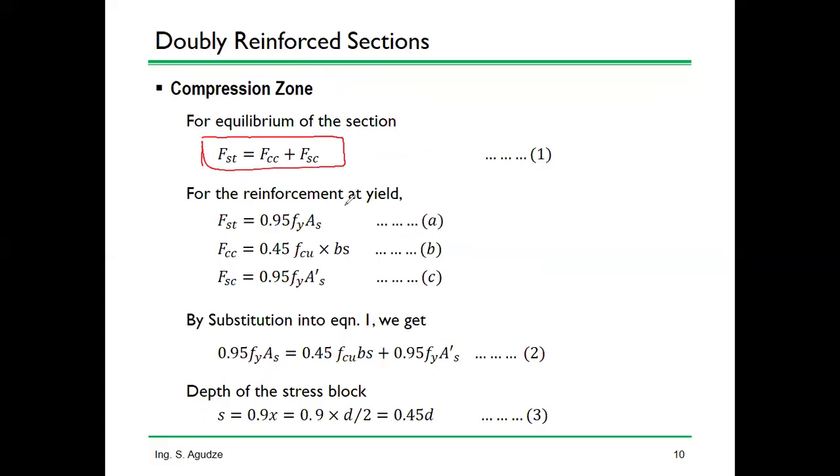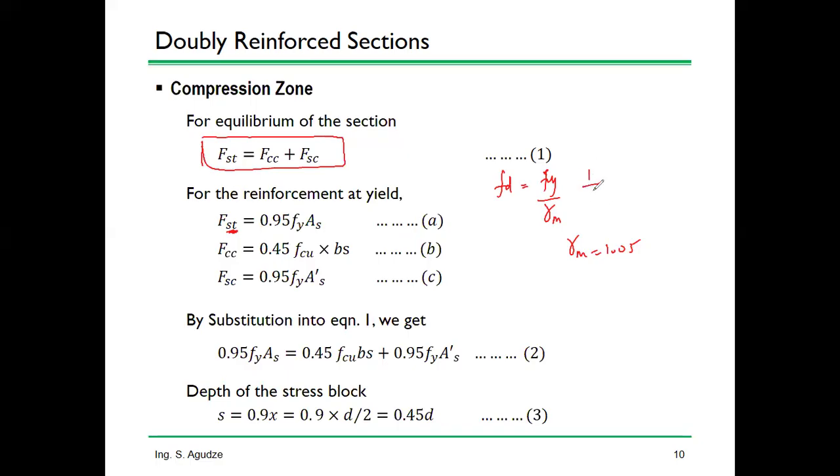Now for reinforcement at yield, this is the force in the tension steel, and the design strength for steel is equal to Fy over gamma M. And we know for steel, gamma M is equal to 1.05.